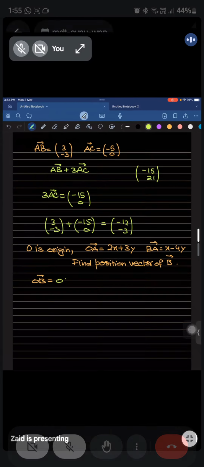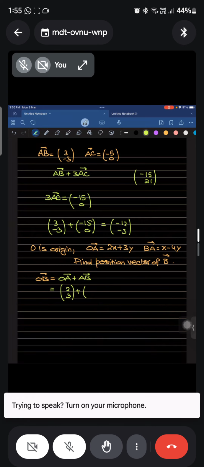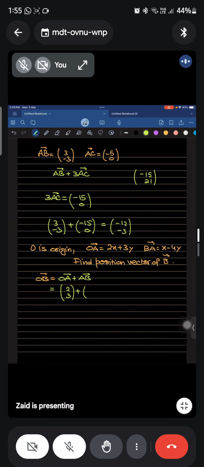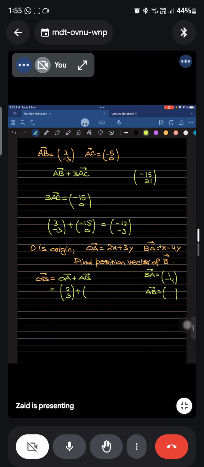Now, can I write this as a column vector? Yes, we can. 2 and 3, and that is 1 and minus 4. But the problem is that there is BA, and BA is 1 and minus 4. So can anyone tell me what AB is going to be? This is 1 and that was minus 4.